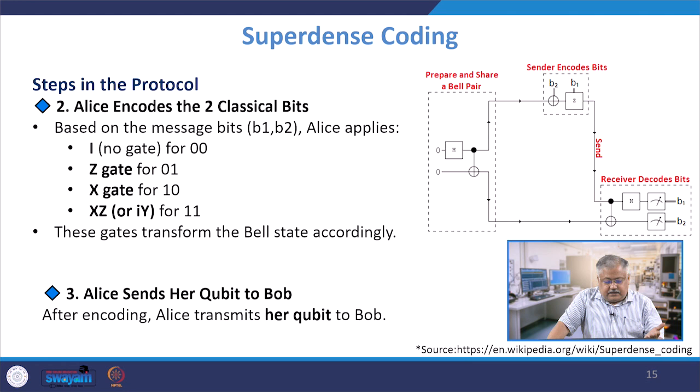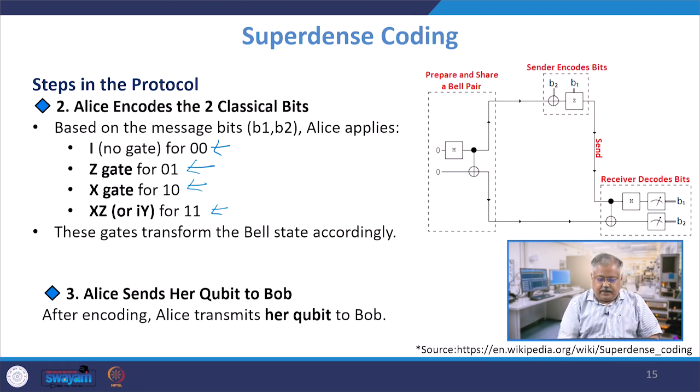Now, as I discussed, Alice then encodes the two classical bits. Based on the message bits, bit 1 and bit 2, Alice applies the I gate for 00, the Z gate for 01, the X gate for 10, and the XZ gate for 11. These gates transform the Bell state accordingly. What is the Bell state?